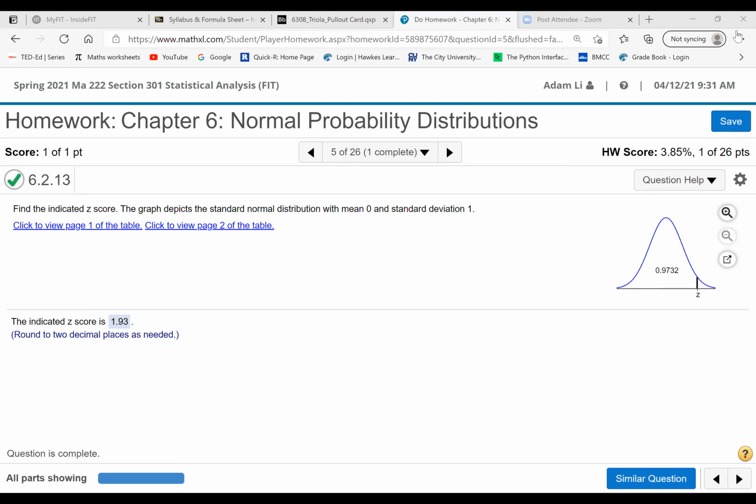Our z-score here is negative 1.25, and we're still looking for the area to the left. We use this z-score and look it up on the table to find the probability, or the area to the left. So now we go back to table A2.